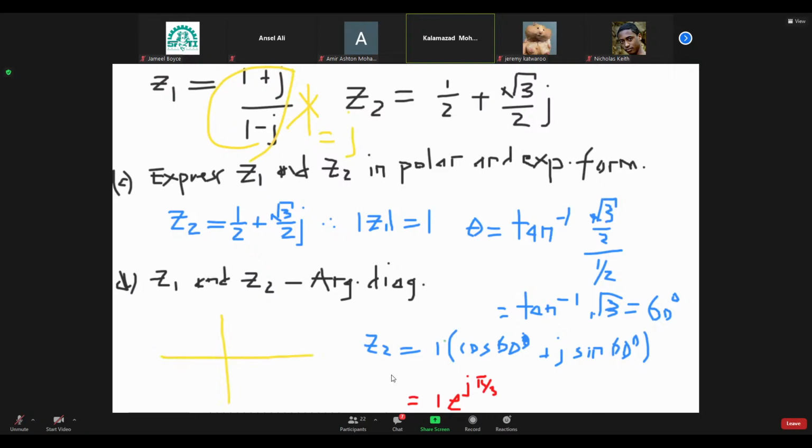Let me just draw that back. Remember that's j and this is our x. So that is going to be Z1. Remember there's no real part. It's only the imaginary part, and that's 1j.